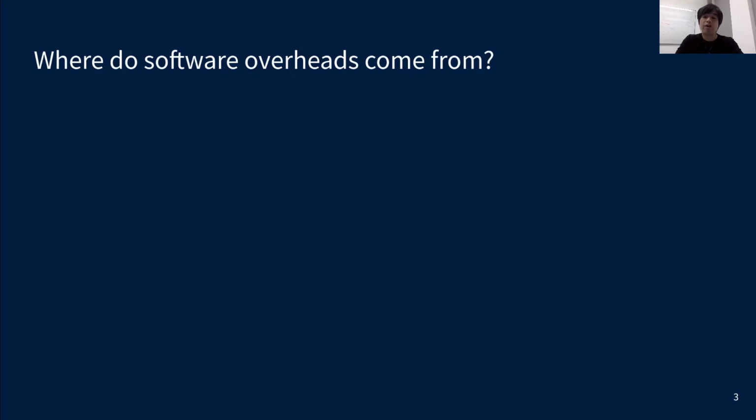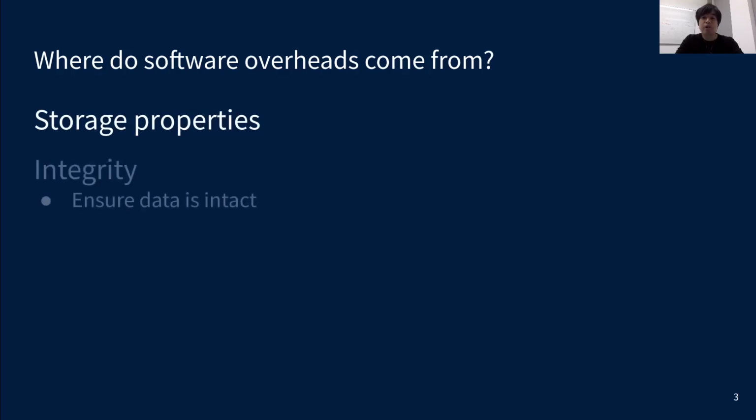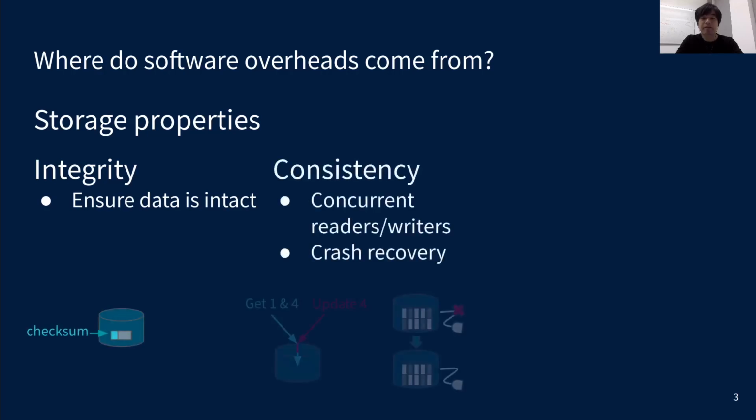Where do the storage software overheads come from? They come from achieving storage properties. The first example is integrity, which ensures that data is intact over time. Integrity is typically achieved using checksums. The second example is consistency.